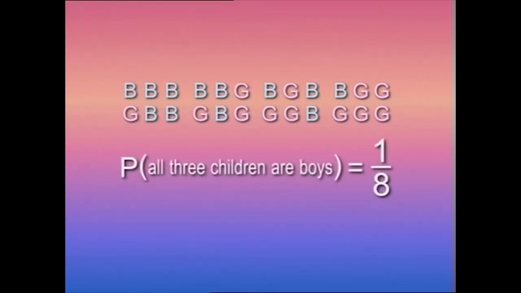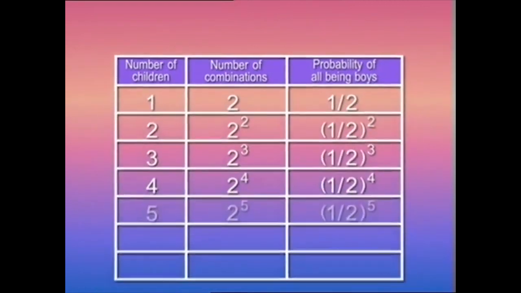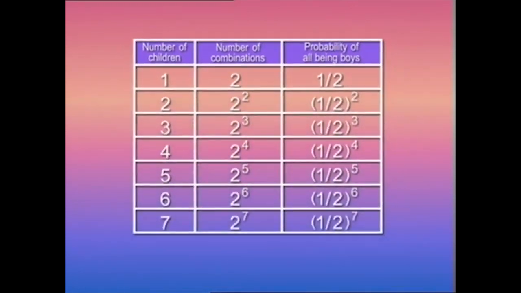Therefore, the probability of having 3 boys is 1/8. If we take these results and add them to the table, we can see a pattern appear. If we apply the same pattern to the 7th child, the probability of having 7 boys is now 1/2 to the power of 7.